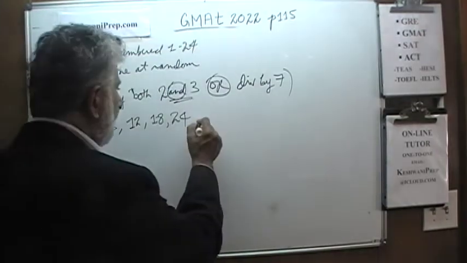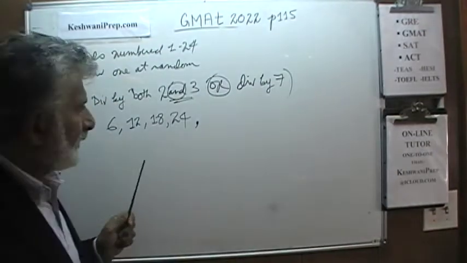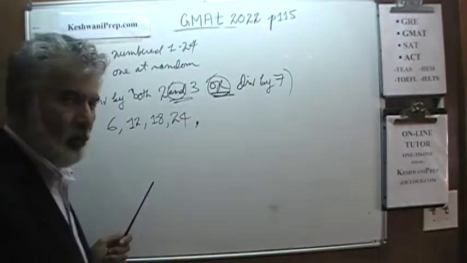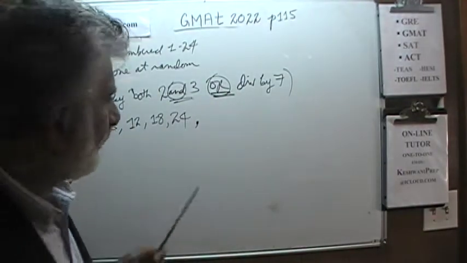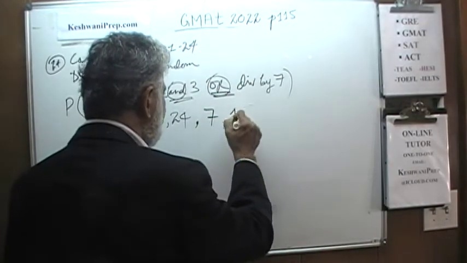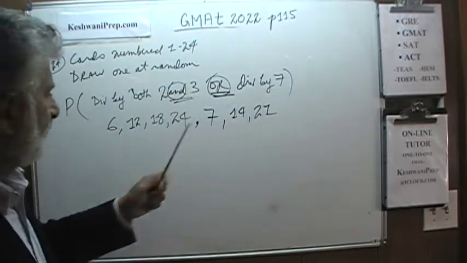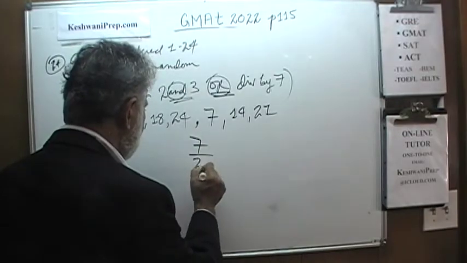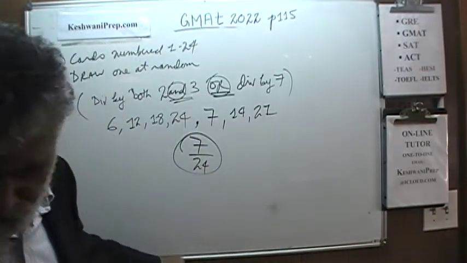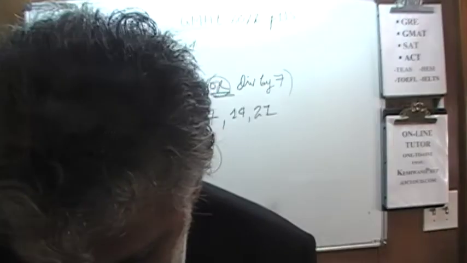Or a number that is divisible by 7, which means you can have 7, 14, and 21. That's all there is. 1, 2, 3, 4, 5, 6, 7. There are 7 out of 24. The odds of picking such a number is 7 out of 24.